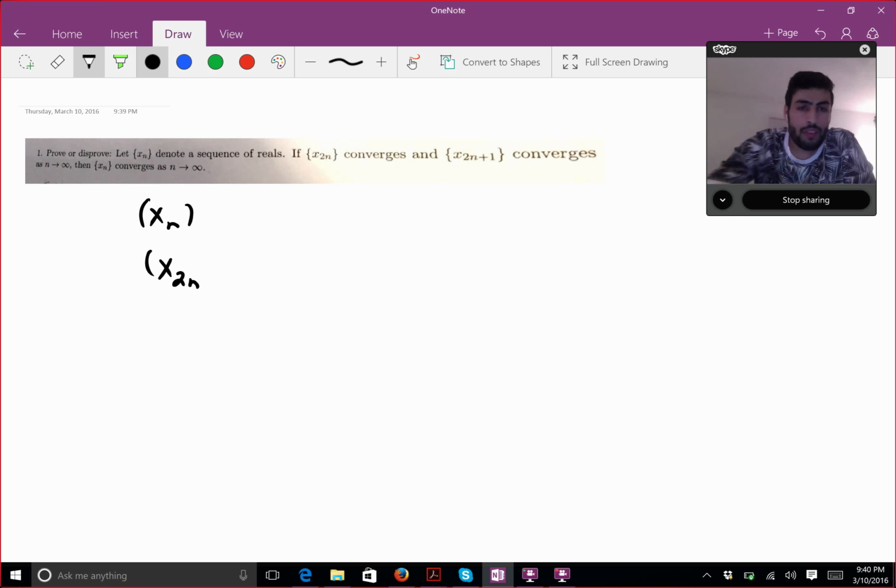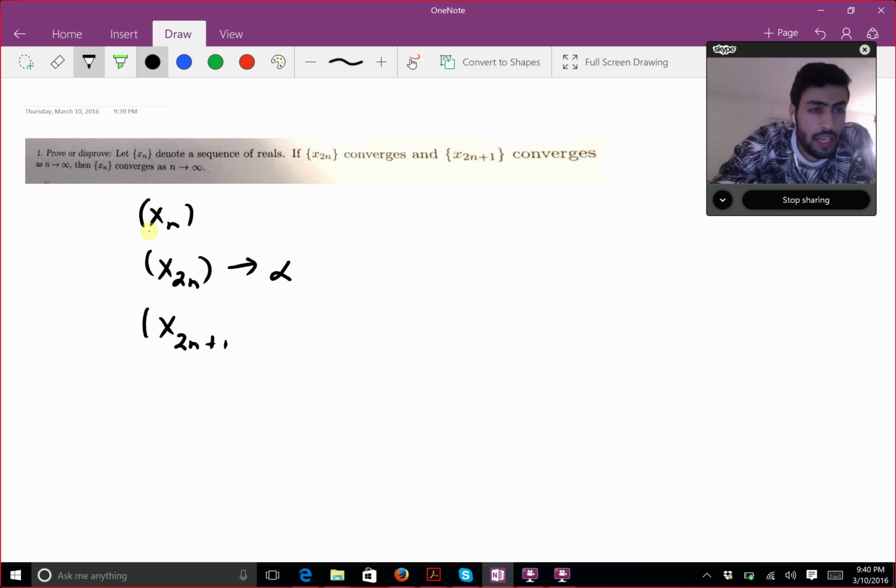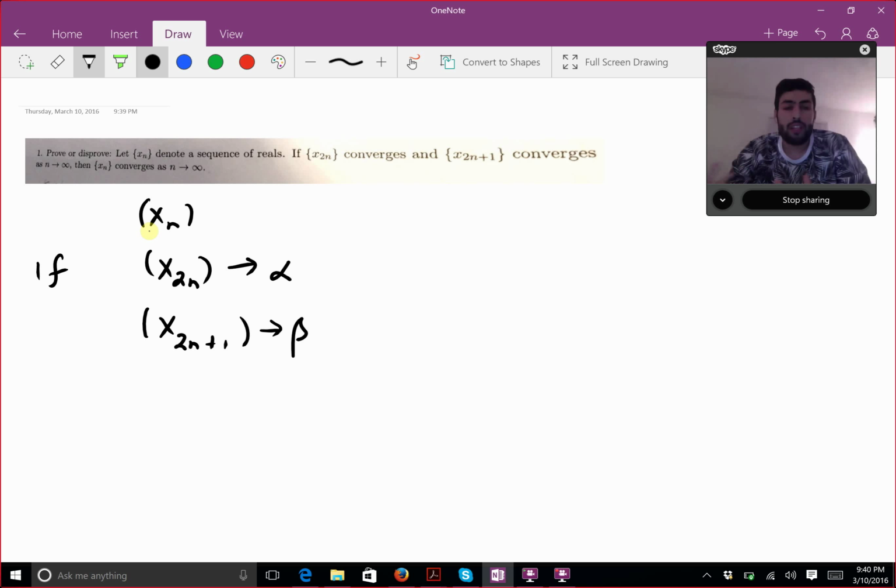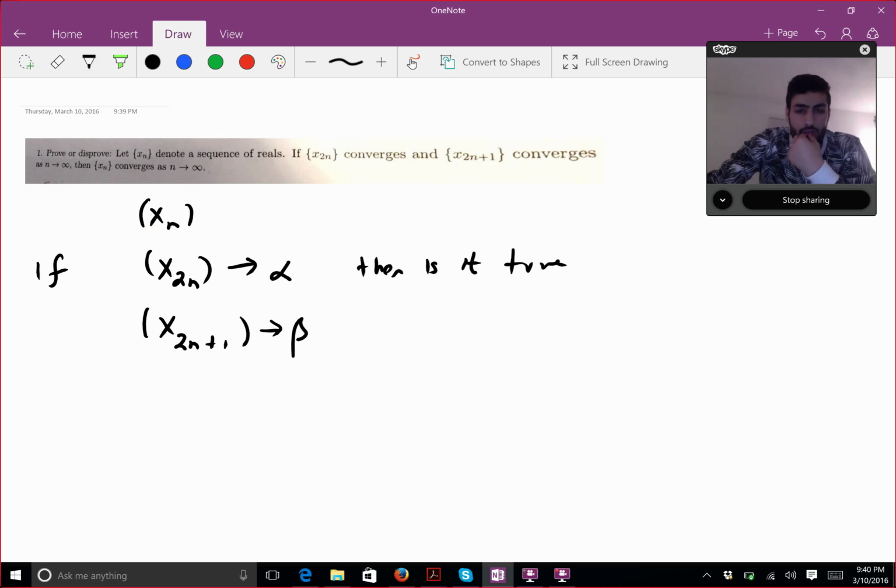So he said if the even converge and the odd converge as n goes to infinity, then x_n converges as n goes to infinity. So he gives the even and the odd and asks about just n. Right. Okay. So if this is true, then is it true that the whole sequence has to converge?